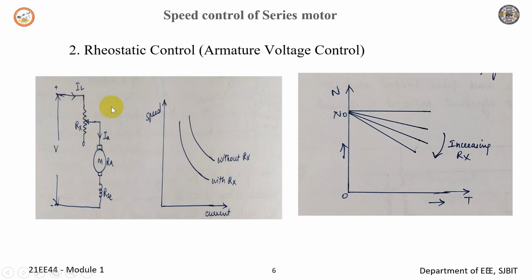Because of certain limitations, only speeds below the normal value can be obtained. This is the rated speed, and speeds below it can be obtained by increasing the Rx value. The range of speed available is limited because efficiency is reduced drastically for large speed reduction.